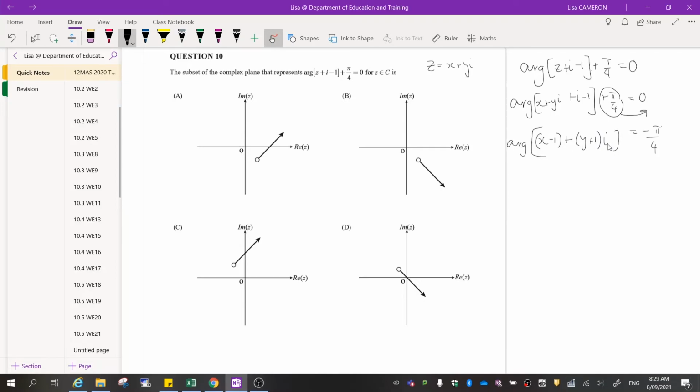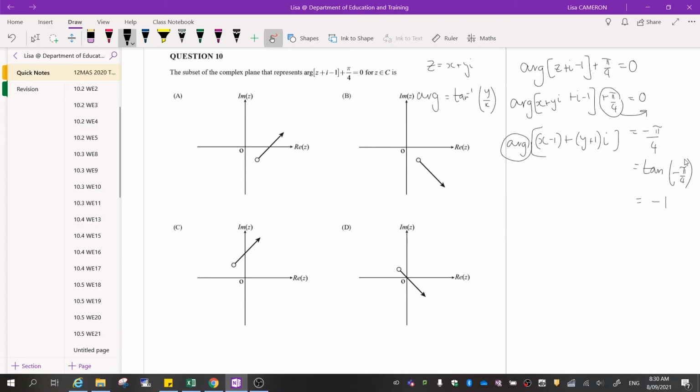Now, the i stays there while we've got the argument, but the next thing I'm going to do is take this argument to the other side, which will change it into tan minus pi on 4, which is equal to 1. Now, the reason why this happens is because when I take an argument, when I say arg, I really mean inverse tan of y over x, and then that gets me my angle when I'm trying to get it into the polar form and stuff.